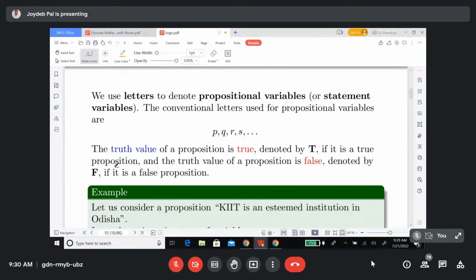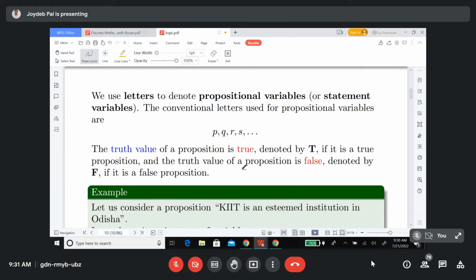And you know that for each proposition there is a truth value, either true or false. If the truth value is true, then we will write capital T. Later on, we will form a truth table, and in the truth table we write T and F only.